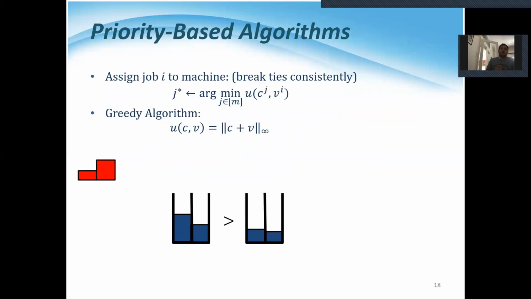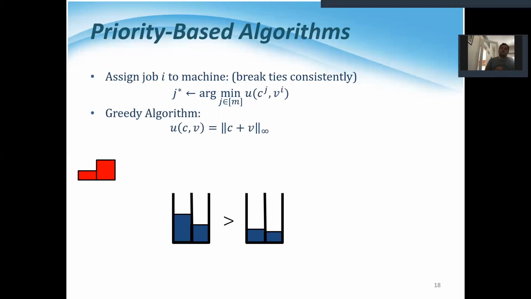Okay, so first we observe that the greedy algorithm can be seen as a priority-based algorithm. Its disutility function is just to minimize the max span. So if I set the disutility function to be the load after assigning the vector to the bin, I will get exactly the greedy algorithm's behavior. Let's see an example.